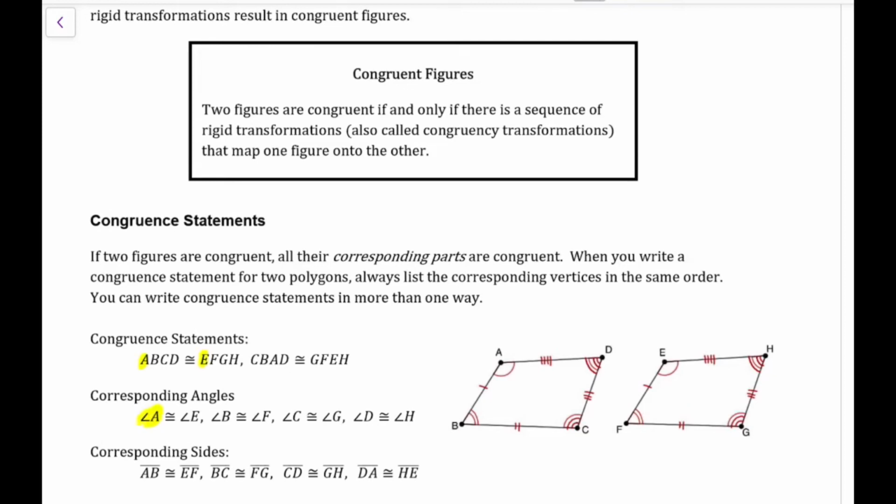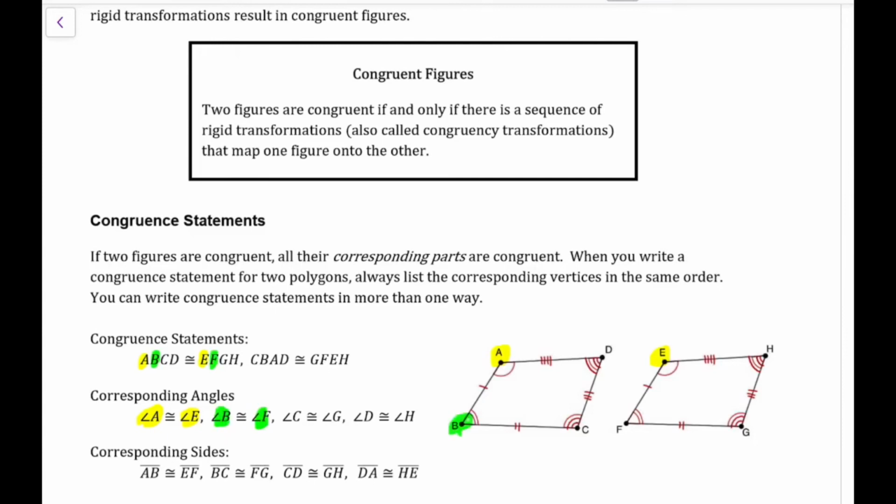Of two congruent figures below, I have A is congruent to E, and we can map that by the one line on the angle. Notice when we write the quadrilateral ABCD, the A and the E are first because those are congruent.